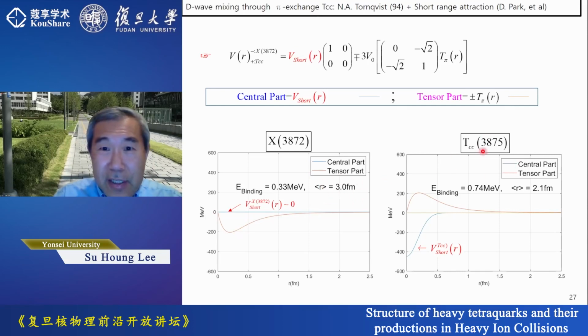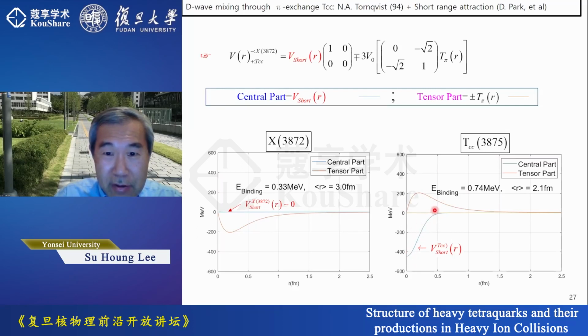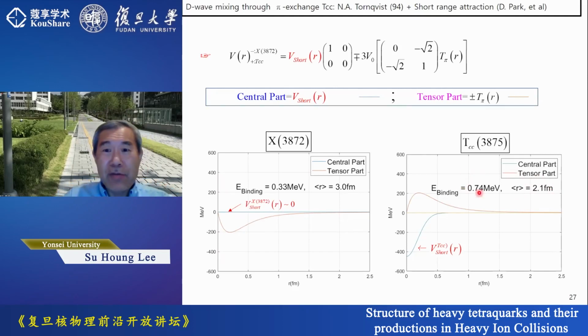And for TCC, if you do the similar calculations, the D wave mixing is smaller. On the other hand, as I said, at short distance, there is an additional D star attraction. So therefore, if you combine D star attraction at short distance and the D wave mixing, they together can in fact also give you a very large molecular configuration.